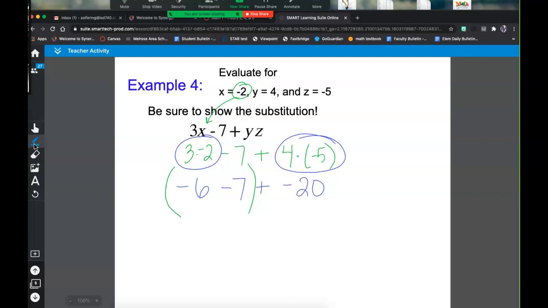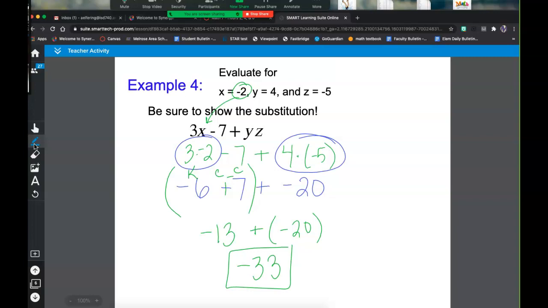Remember our rules for subtraction. Keep, change, change. So it's -6 plus -7, which is -13, plus -20. Now we're adding, same signs, add and keep. So 13 plus 20 is 33. Keep the sign.